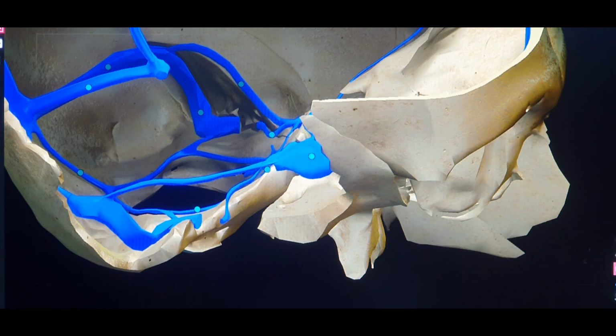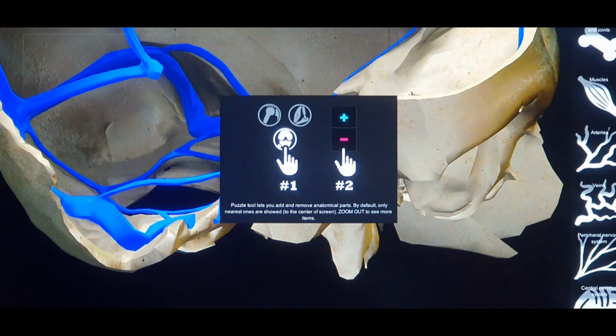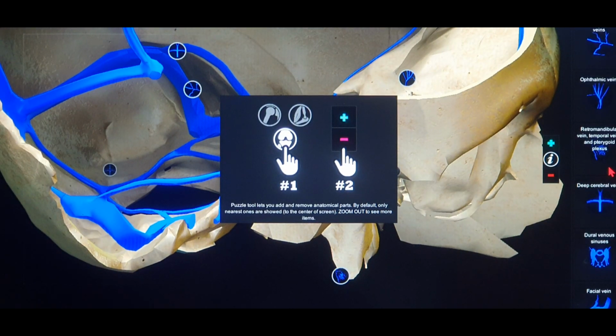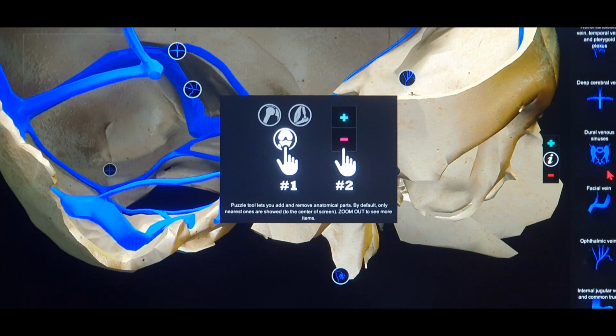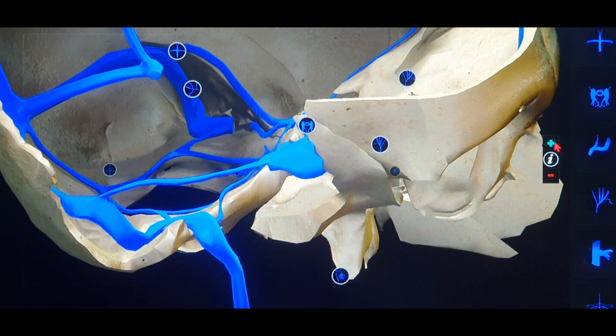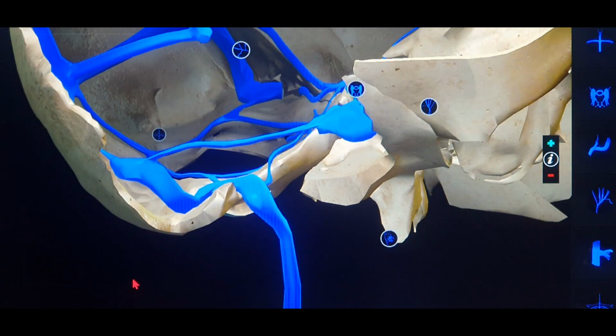Okay, so if I want to try to add the internal jugular vein, let me see if I can add that somewhere here. Yeah, there it is, the internal jugular vein. If I add the internal jugular vein, this makes my life very easy to teach you guys.